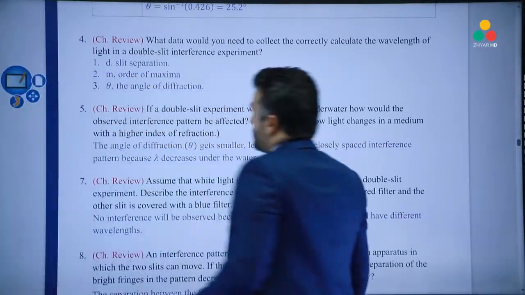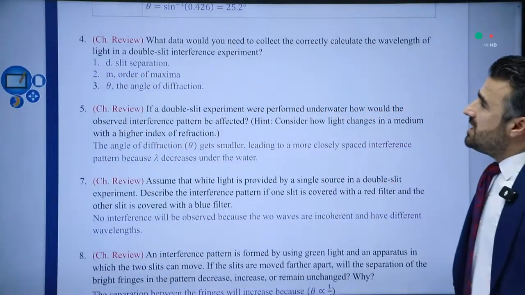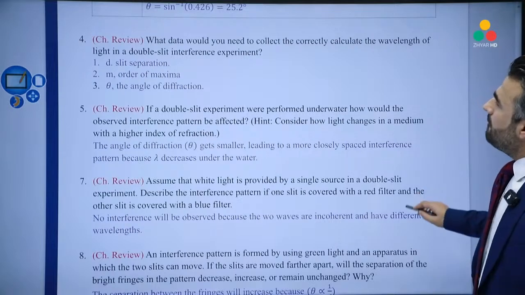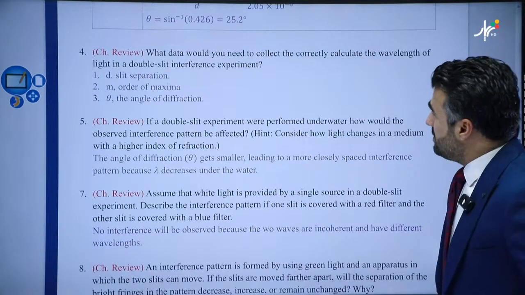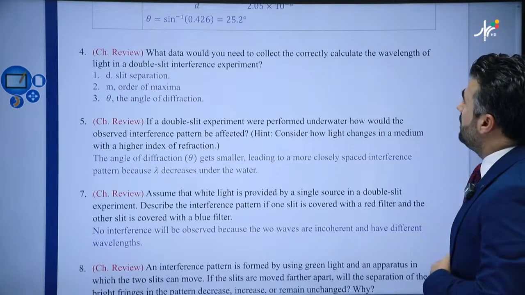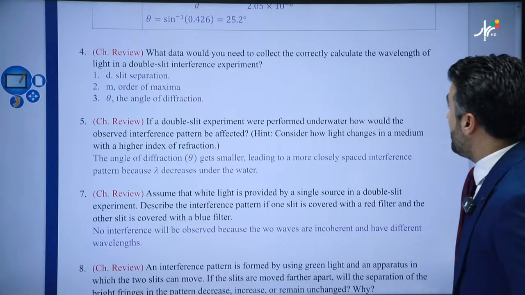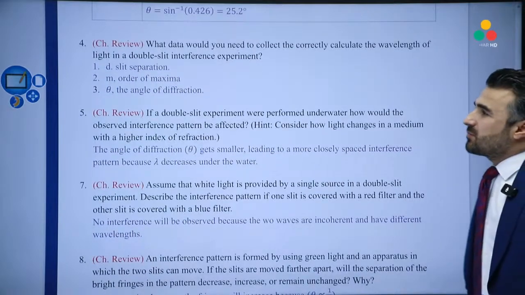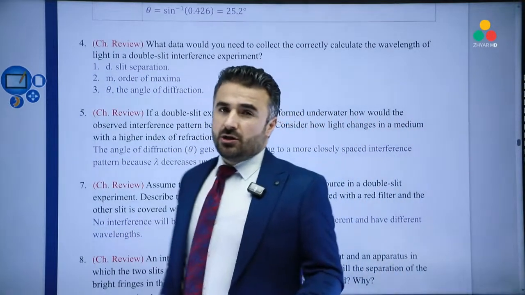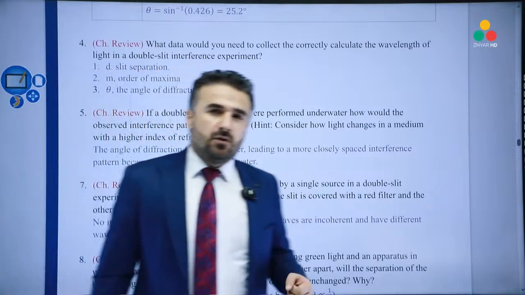Okay, going through these questions real quick. It says, what data would you need to collect to correctly calculate the wavelength of the light in a double-slit interference experiment? If you write the equation, you will see that d sine theta equals n lambda.